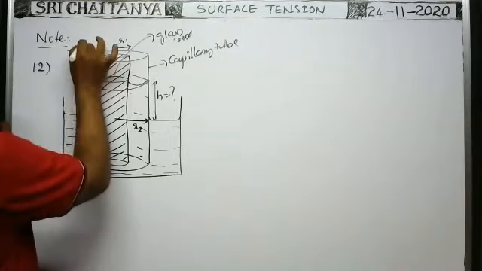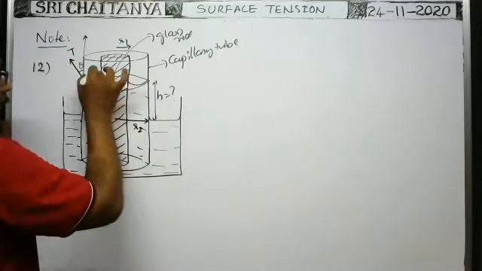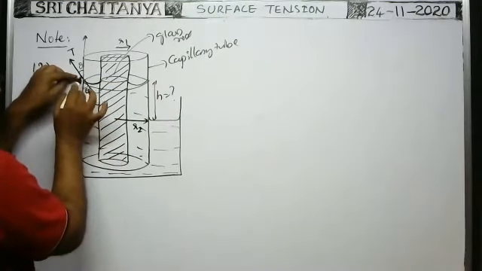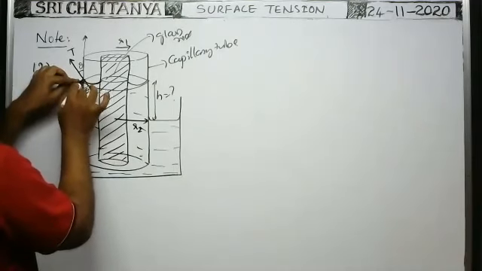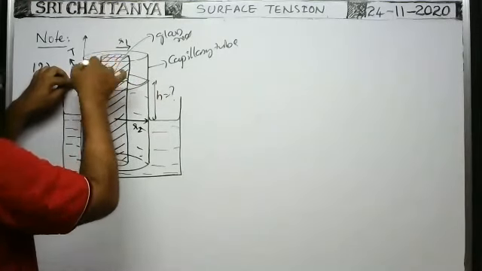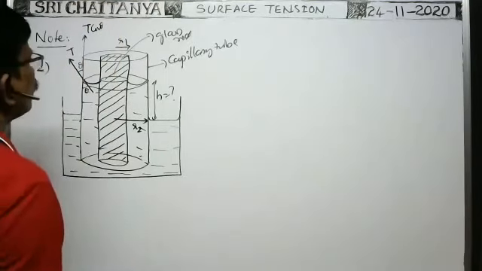Then the vertical component of the surface tension acts on the outer circumference of the meniscus. That's why on the outer circumference, the surface tension component is T cos theta, acting upwards.